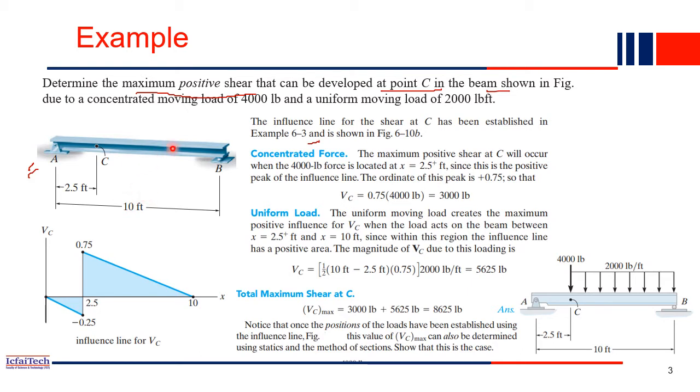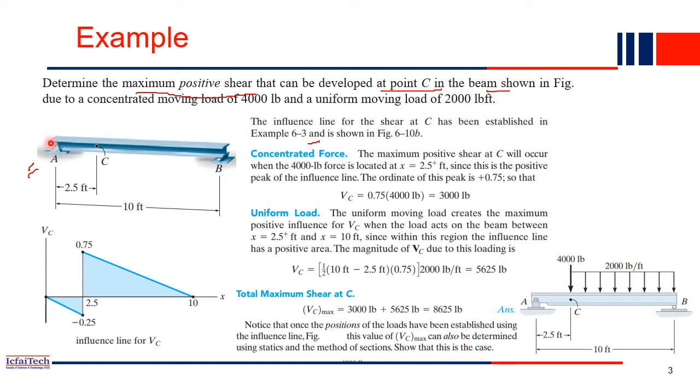We have to find the maximum positive shear at point C due to a concentrated moving load of 4,000 pound and a uniformly moving load of 2,000 pound per foot.